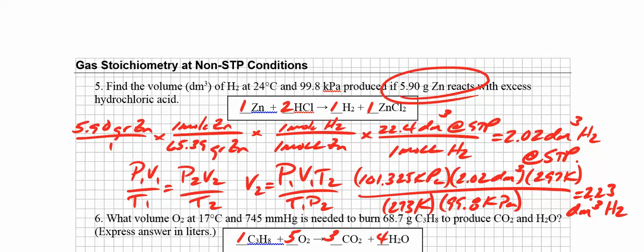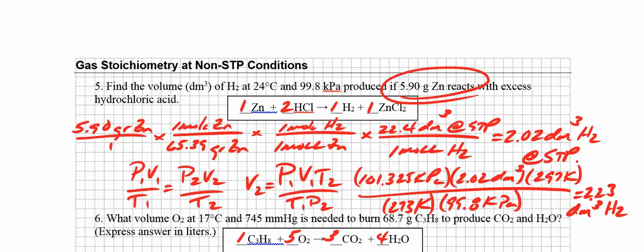Now what I'm going to do is determine the volume at STP, at standard temperature and pressure. I know that any gas, including hydrogen, has this volume, 22.4 cubic decimeters at STP. So when I do that calculation, I get 2.02 cubic decimeters of H2 at STP, at standard conditions. 0 degrees Celsius, that's the temperature, 1 atmosphere of pressure.